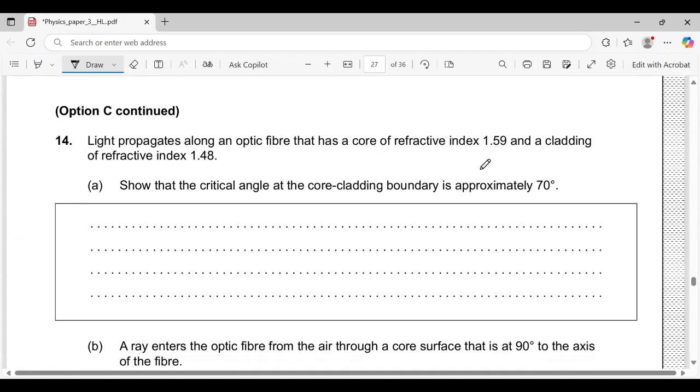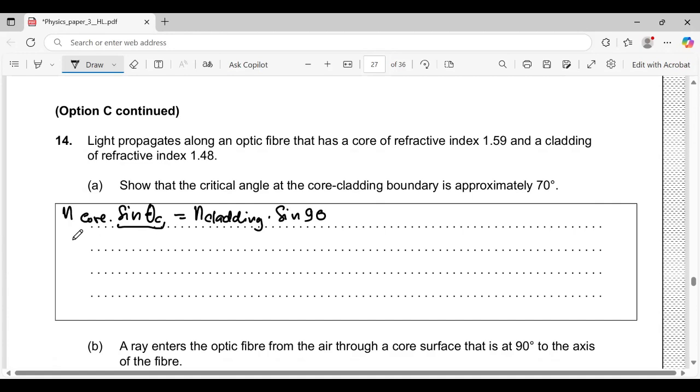We will use Snell's law at the boundary where the total internal reflection occurs: n core times sine theta c equals n cladding times sine 90.